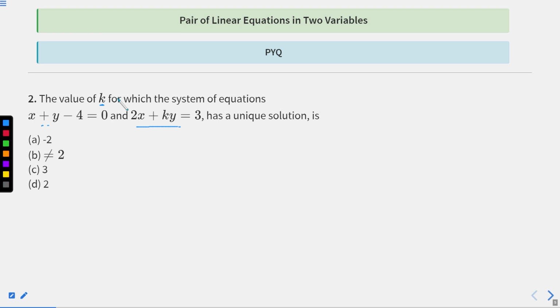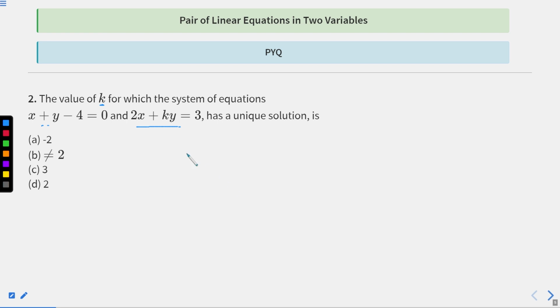Then find the values of a1, b1, c1 and a2, b2, c2, and then a1 by a2, b1 by b2 and c1 by c2. The system has a unique solution when a1 by a2 is not equal to b1 by b2.